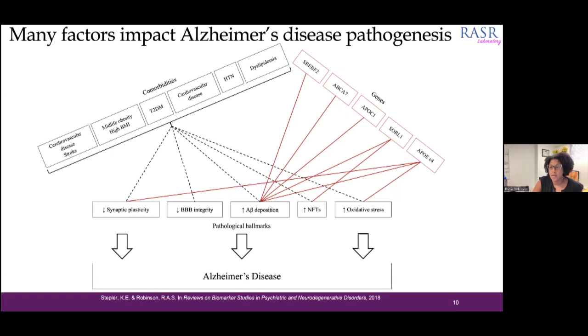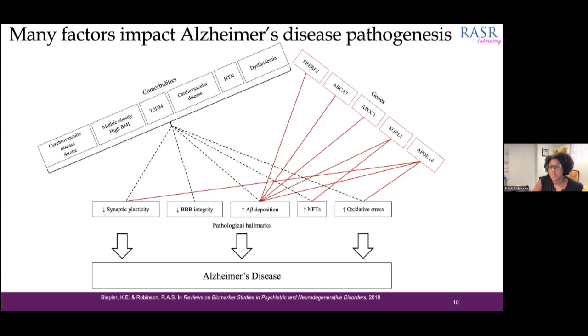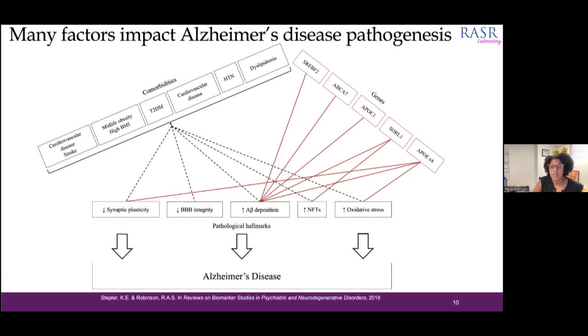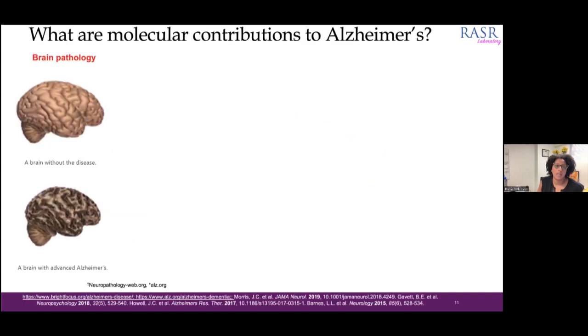And so while we're all familiar with ApoE, I also wanted to highlight that there are specific genetic variants for genes like ABCA7, which is the ATP-binding cassette transporter protein that transports lipids in and out of the cell. And so some of these variants have been demonstrated to have potentially an increased risk or increased effect size for the African American community compared to ApoE, which has had mixed results. And so understanding these lived experiences, comorbidities, and genetic factors is really critical to how we paint the picture of what Alzheimer's disease looks like in diverse groups.